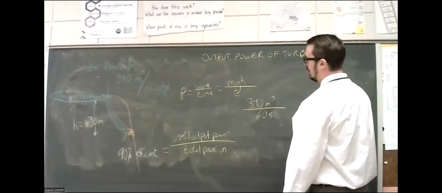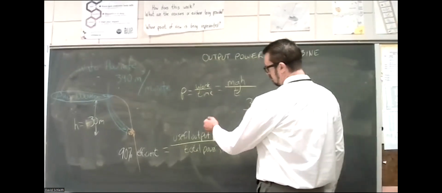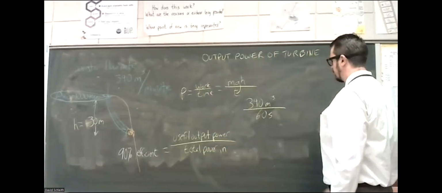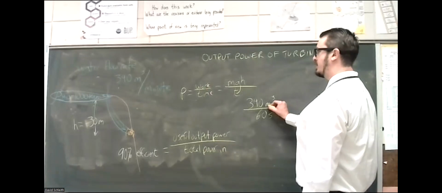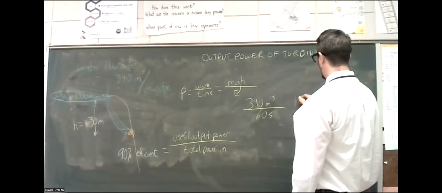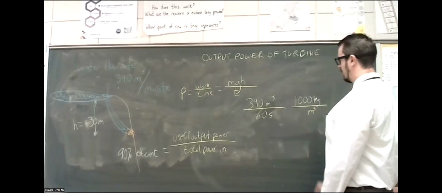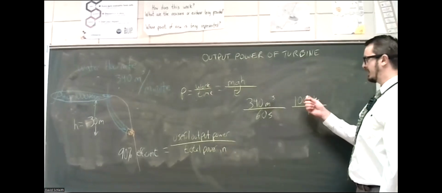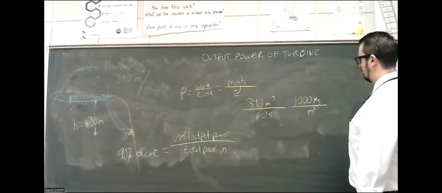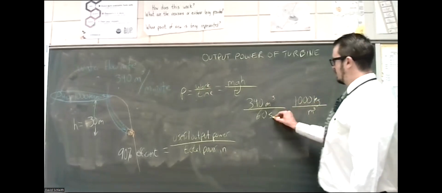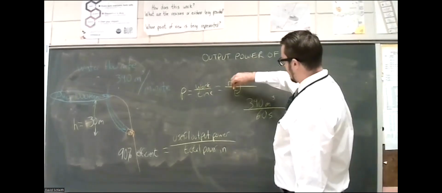To get watts of power, we need joules per second, so joules of work per second of time. Since I want to cancel out cubic meters, I can put the density like this: there's 1,000 kilograms of water per every cubic meter. So if I have 340 cubic meters times 1,000, that gives us kilograms per second, which are the units of mass per time.